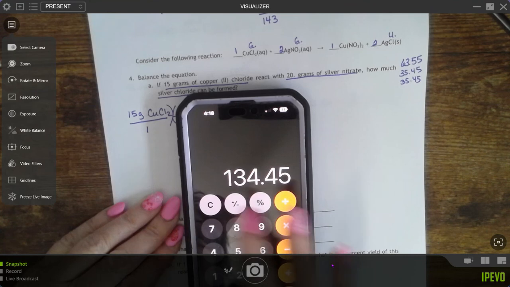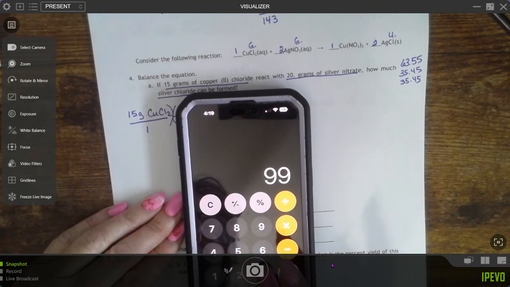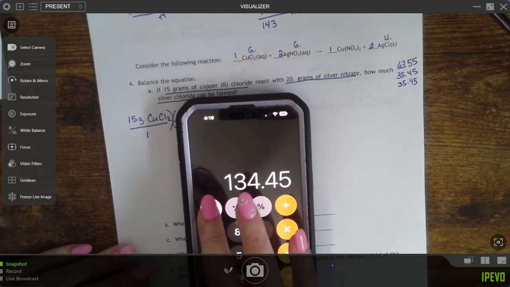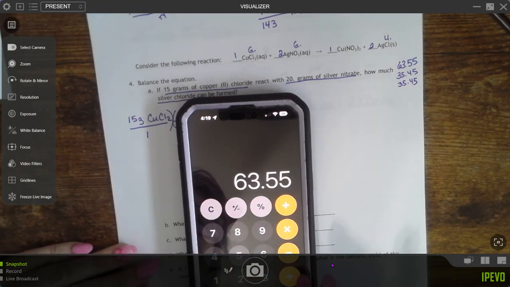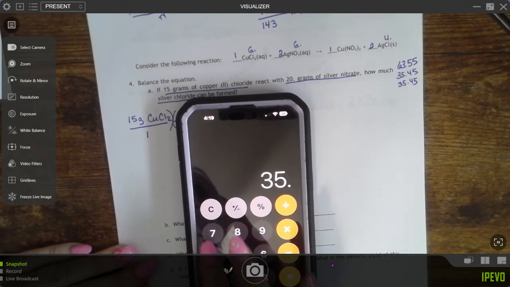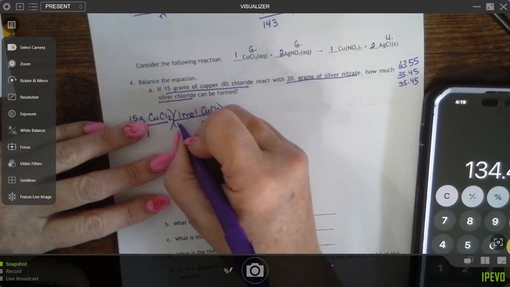I don't think that's right. Okay, 134.45.